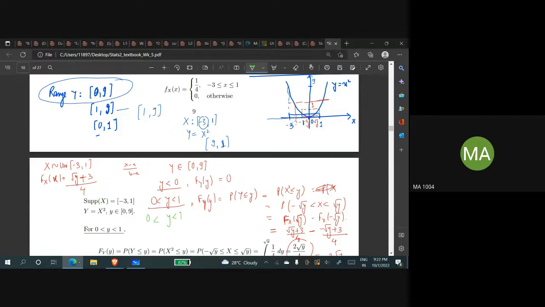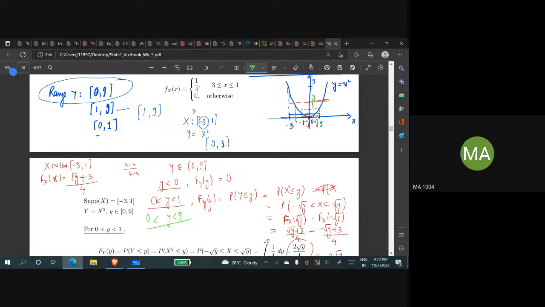Okay, let's say I took this. Now I draw any y, let's say this is some y. So in this case, the probability that x squared is less than or equal to root y will become the probability that x lies between minus root y and root y. It can go only till 1.